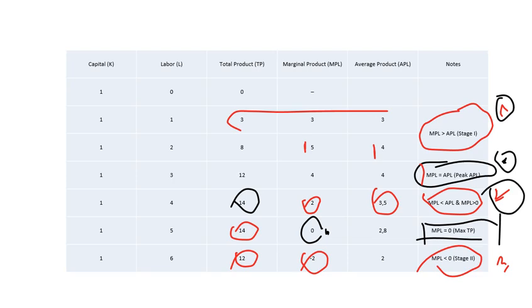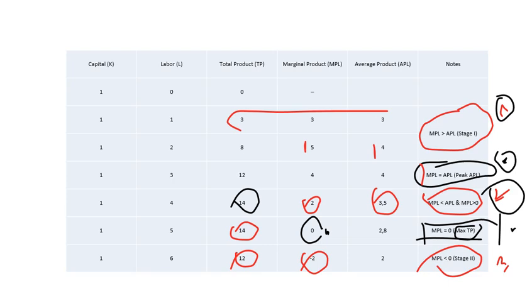So it means you achieve the maximum TP that you can produce. As mentioned here, TP is maximum. It is actually the transition point from the second stage to the third stage.